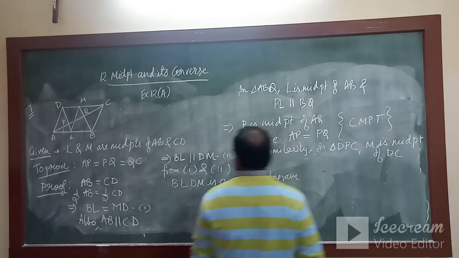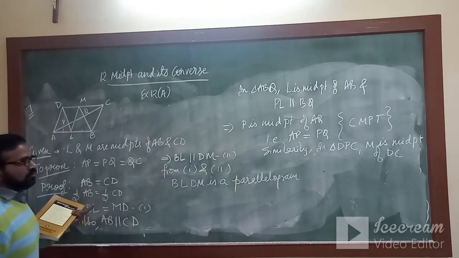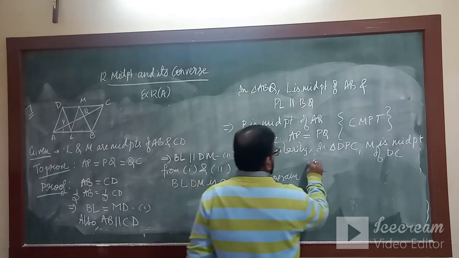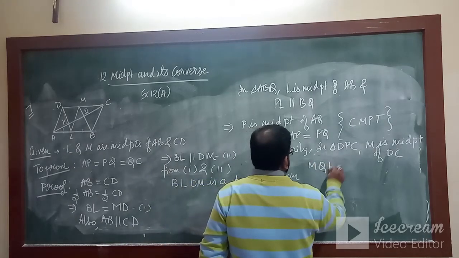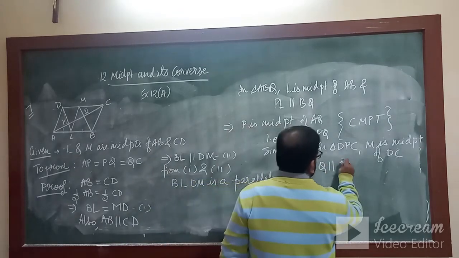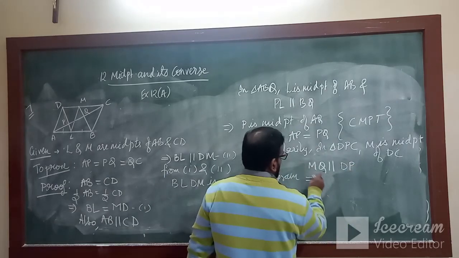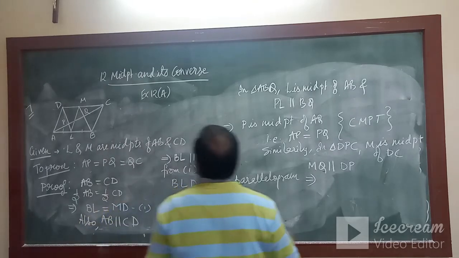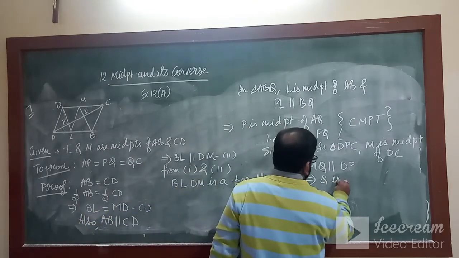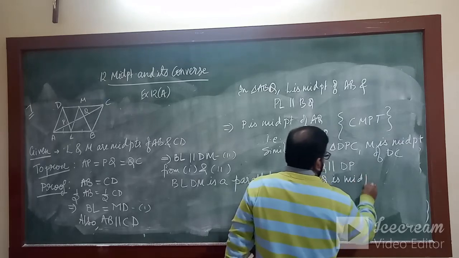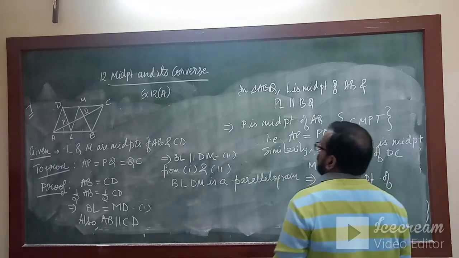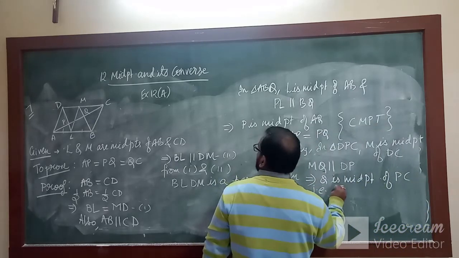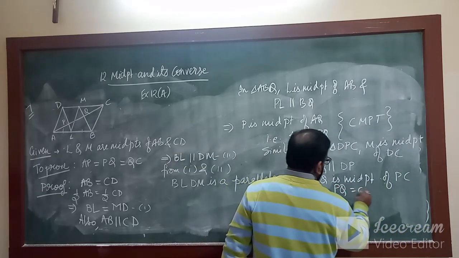And since we have proved that BLDM is a parallelogram, just as PL is parallel to BQ, we will use it here also: MQ is parallel to DP. So that will give you Q is the midpoint of PC, that is PQ equals QC.